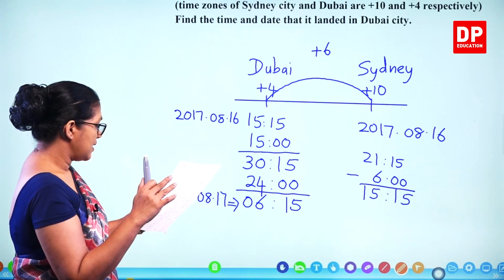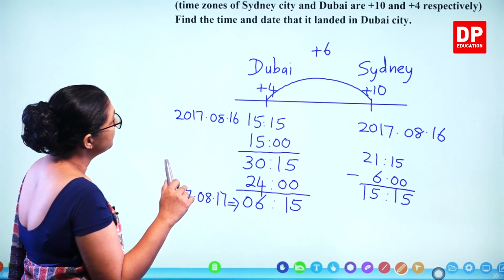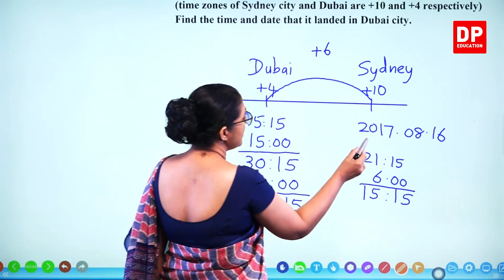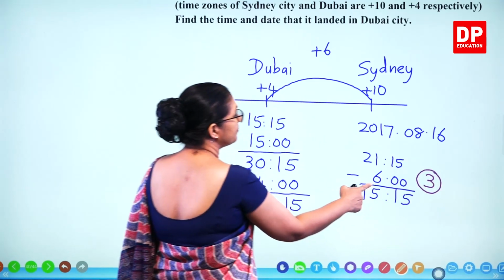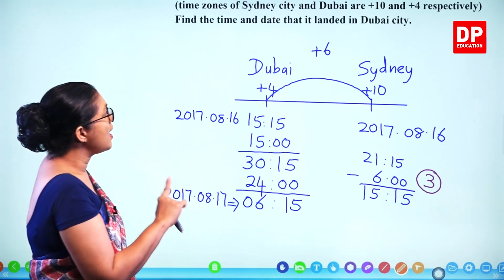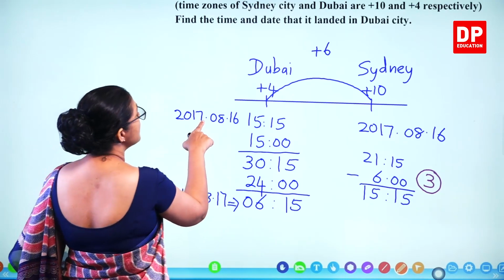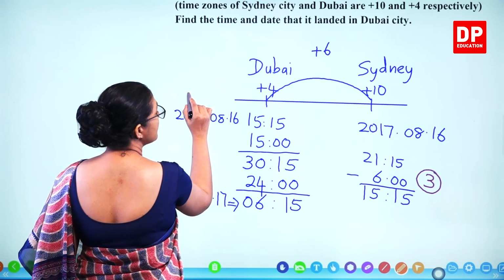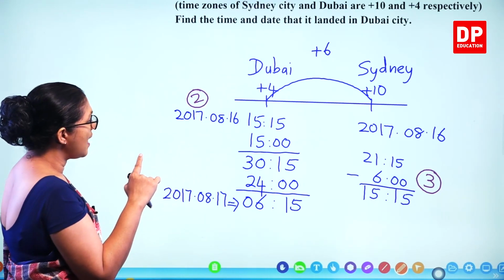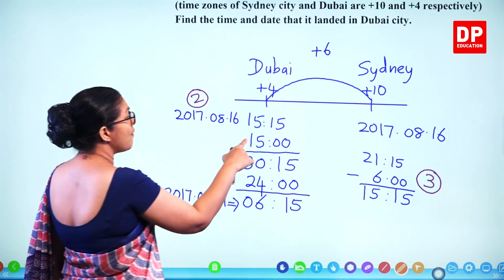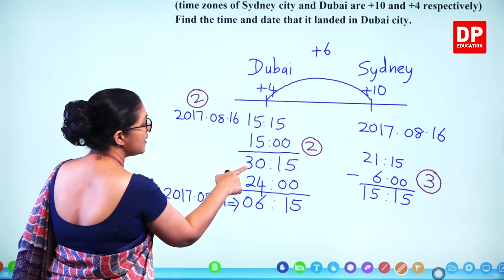So let's give marks. Finding the time in Dubai at the same time, you get 3 marks. And the date, you get 2 marks. So 5 marks there. And then you have to add 15 hours and get the time.